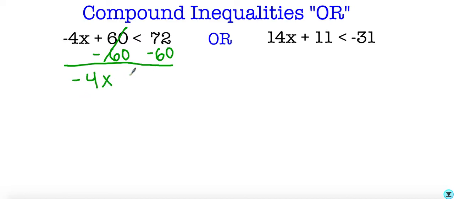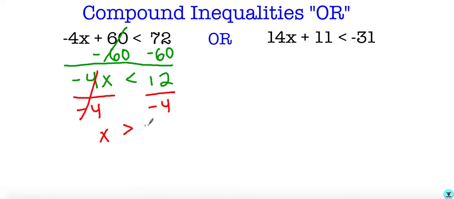I'm left with -4x is less than 12. So for this one here, remember that when we divide by a negative, our inequality flips. So this cancels out and we're left with x is greater than -3.